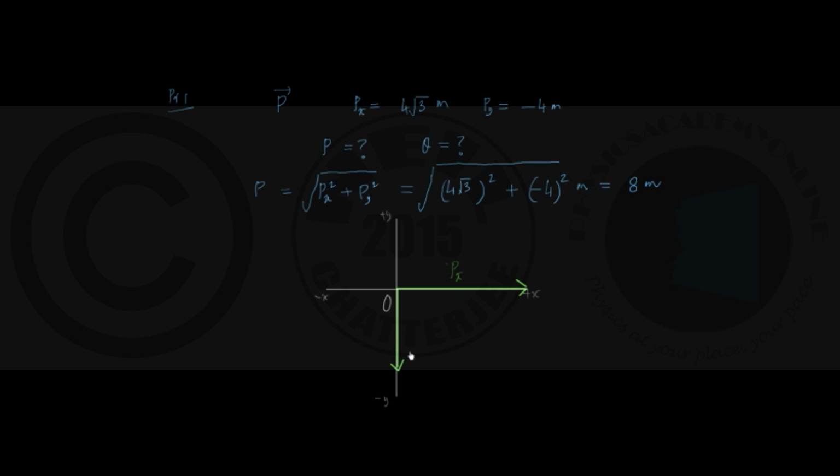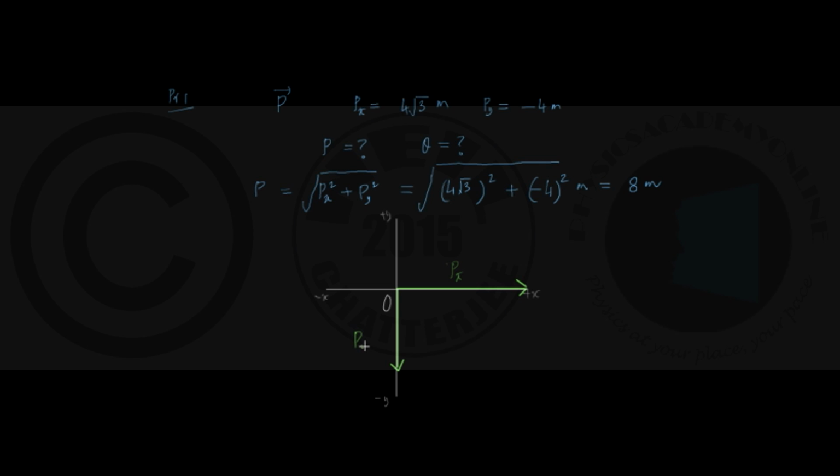You are aware we have been given the components here, and if you need to know the angle made by p, what you need to do is that you must add up px and py, because resolution and finding resultant are exactly opposite processes. So px and py being known, this is your py incidentally.